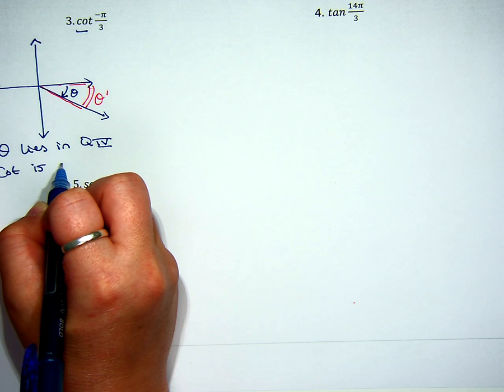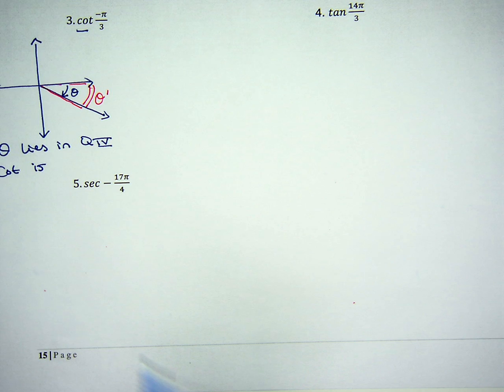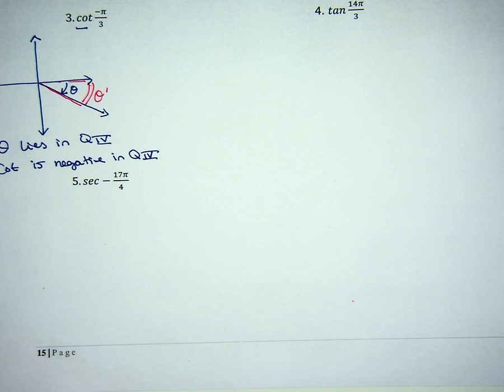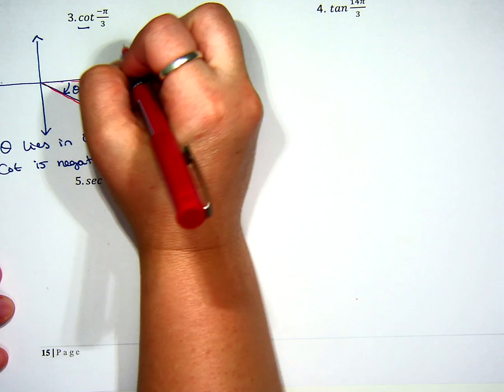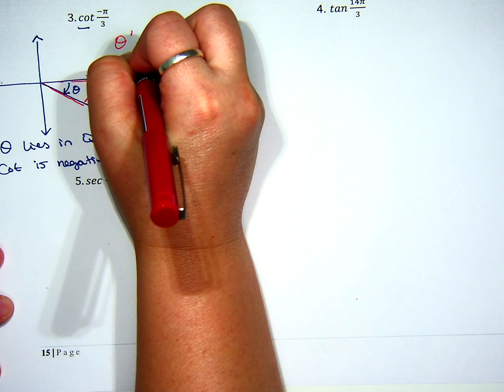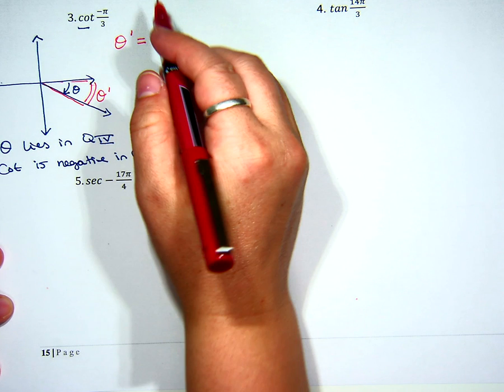Let's go to our rules: in quadrant 4, cotangent is negative.